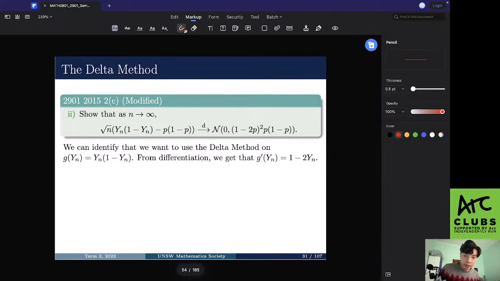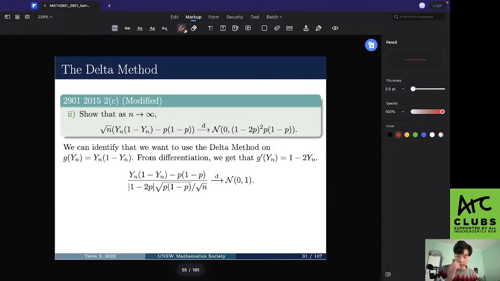In this case, the function is g of Yn being equal to Yn times 1 minus Yn. So we get that just by differentiating it, right? Let's say it was in x instead, so we get a clearer view. We can simplify this to x minus x squared. So if we differentiate it, we get 1 minus 2x. So that's what we get right here.